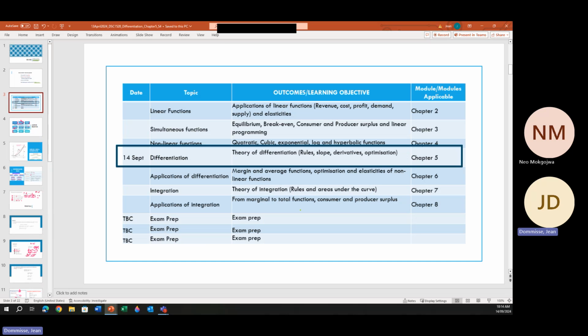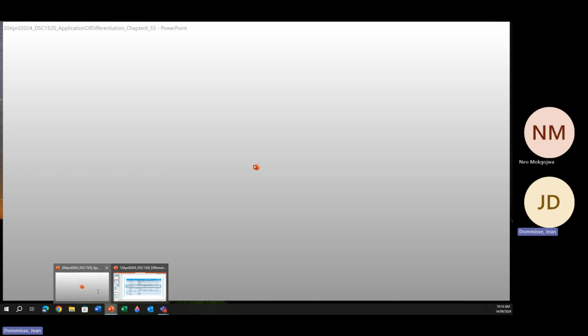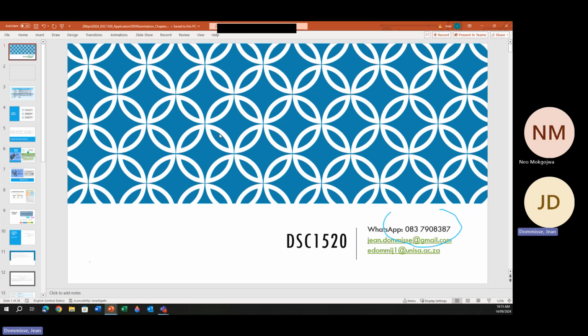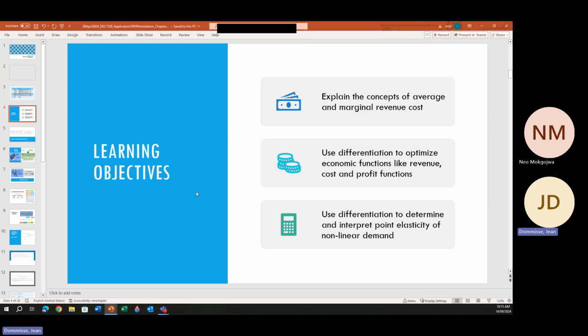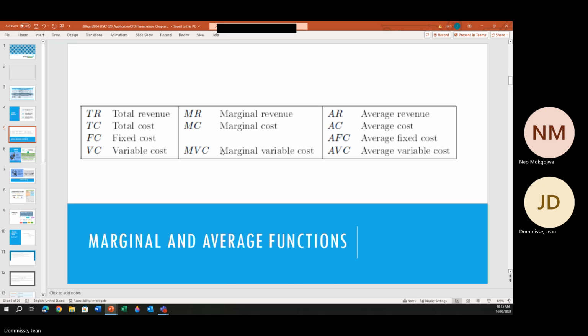So next week we will go into the application. I have it here, but again, it's a lot. We will go into how to go from total revenue to marginal revenue.